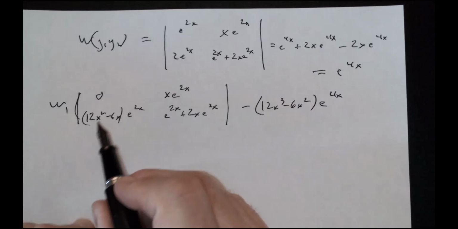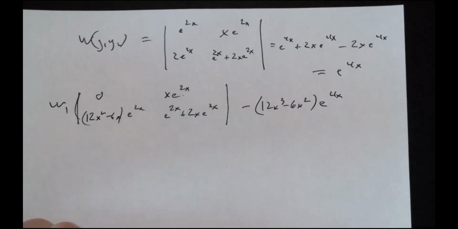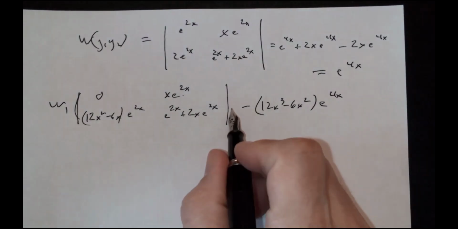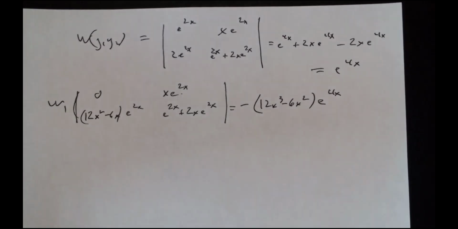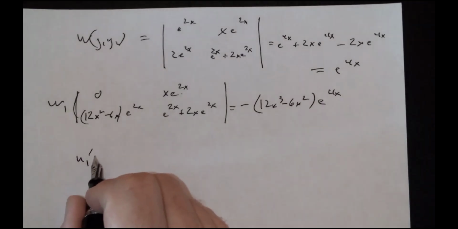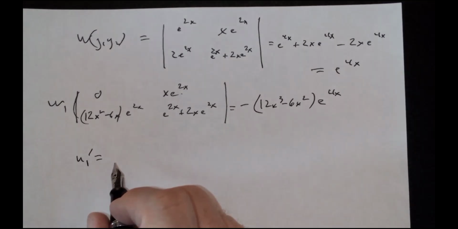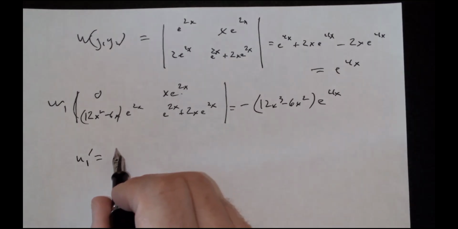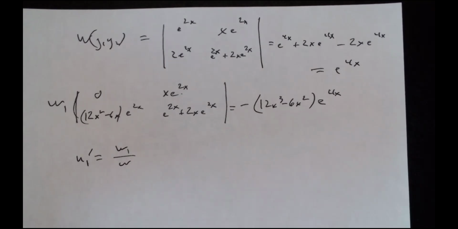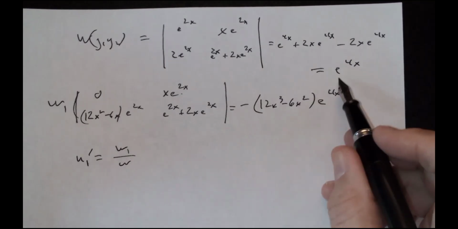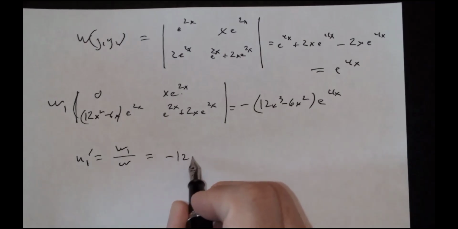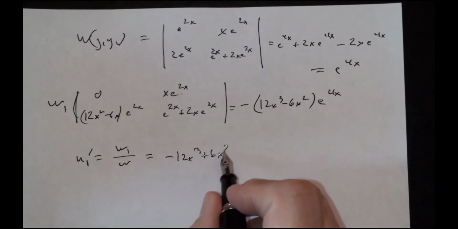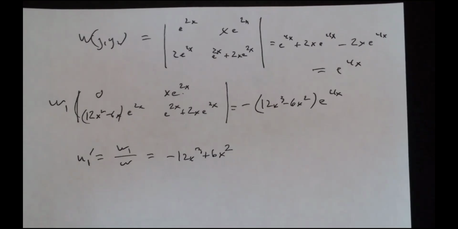I multiply the x into that, and then the e to the 2x with the e to the 2x. Now, I'm not even going to do u2 yet, but u1 prime is W1 over W. So what happens when I divide that by that? You know how to integrate that. That's easy.